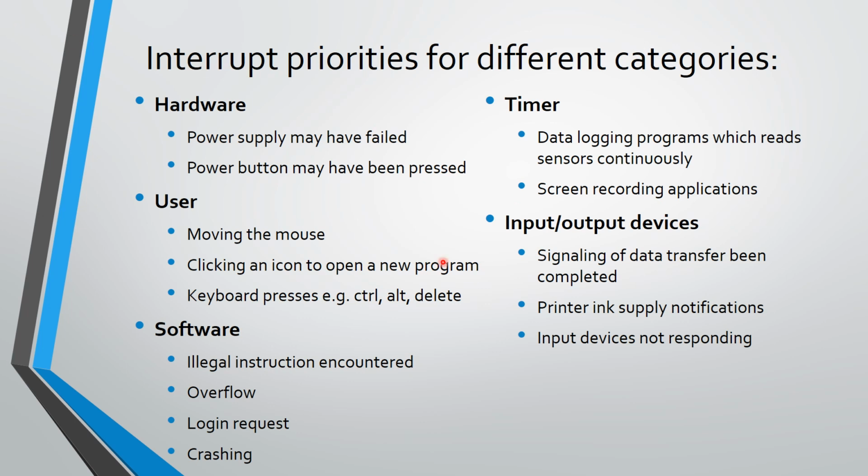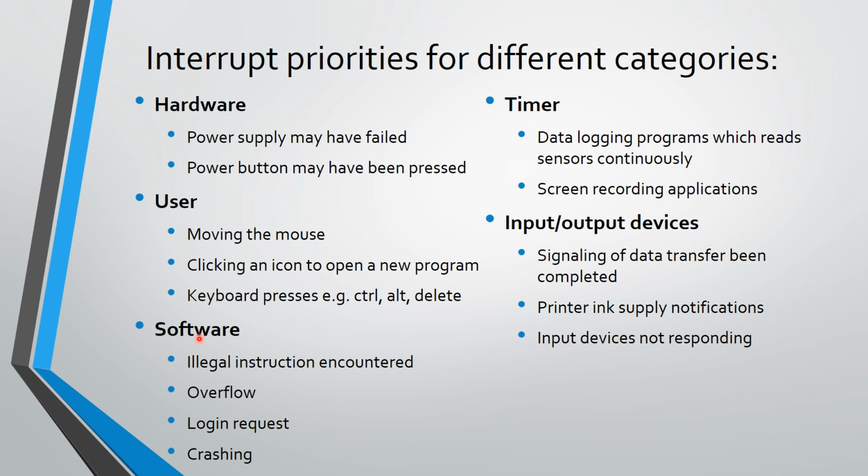Next come interrupt priorities for different categories: hardware, user, software, timer, and input output devices. For hardware, the power supply may have failed or the power button may have been pressed. For the user, it's moving the mouse, clicking an icon to open a new program, or a keyboard press.